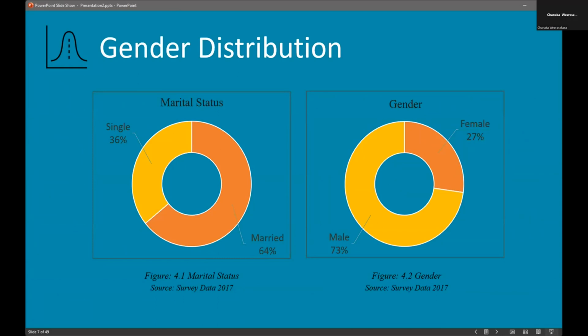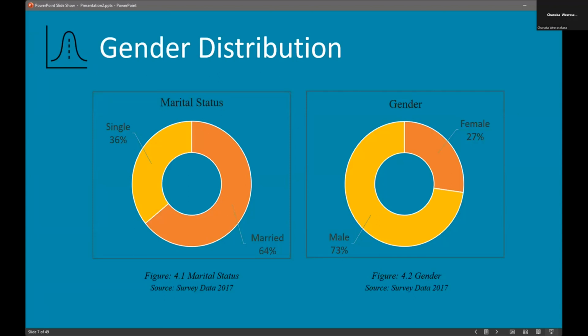Is it a table, a pie chart, a graph, a bar chart, a line chart, or a scatter plot? What sort of infographic should I use in order to give the most meaning to the data I am presenting? That is a very important thing.